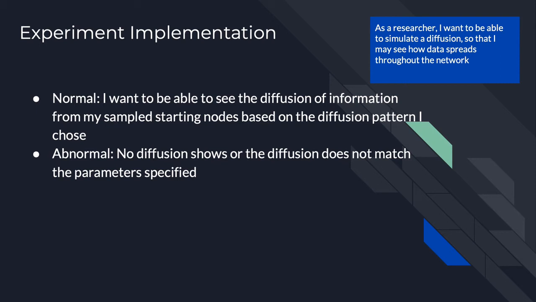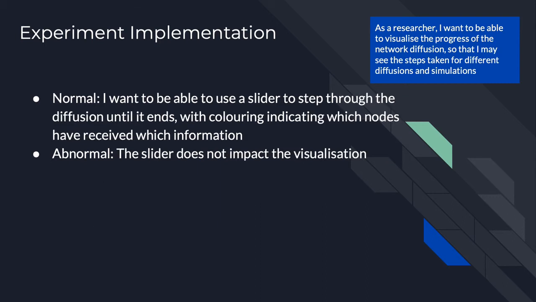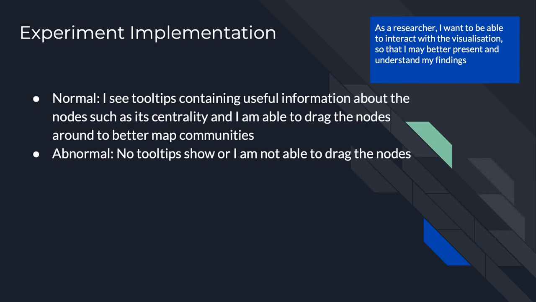If no diffusion shows or the diffusion doesn't match the parameters specified, that's not correct. And if the slider does not impact the visualization for the timing of the diffusion, or if you aren't able to interact with the visualization.